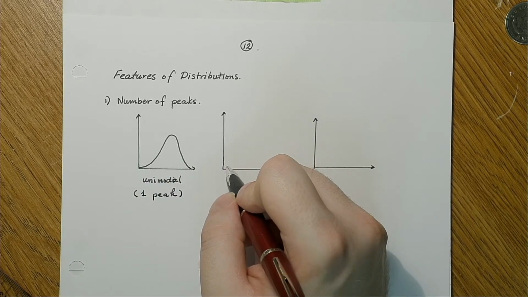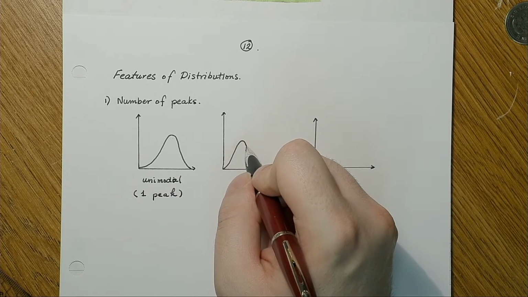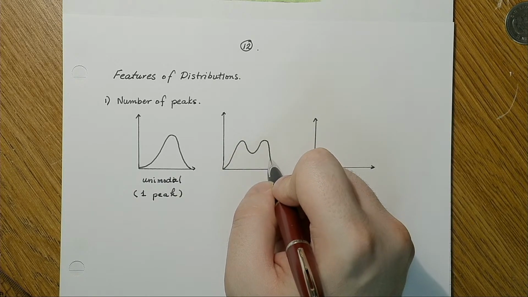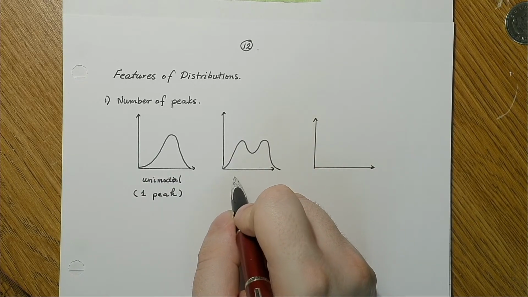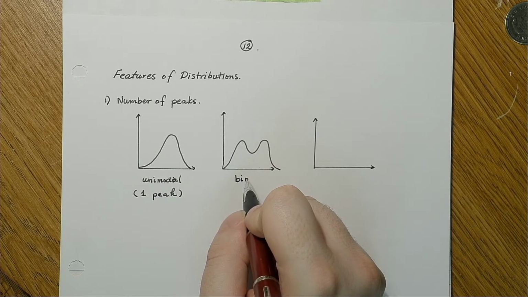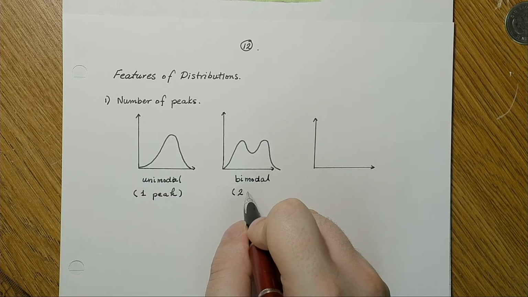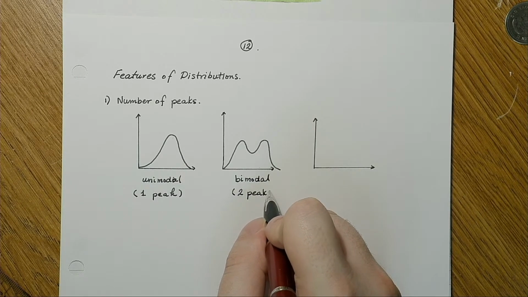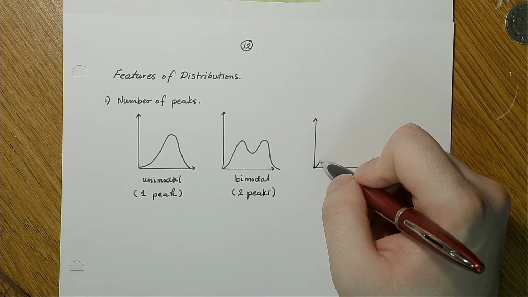We can have two peaks. So again, that's roughly the same. So this is called bimodal. Here's two peaks. And we can also have multimodal.